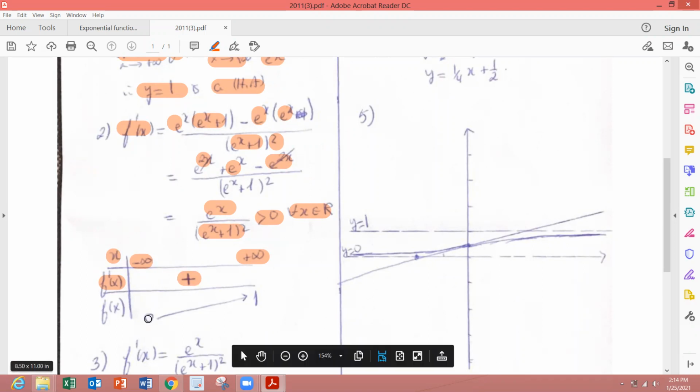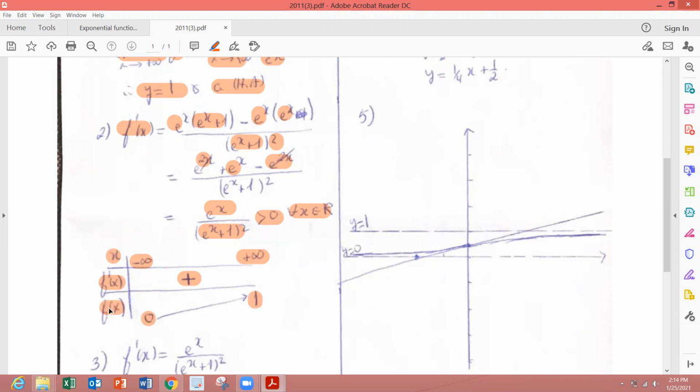At minus infinity, the limit is 0, and at plus infinity, the limit is 1. Any questions?